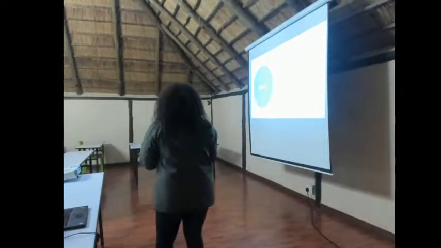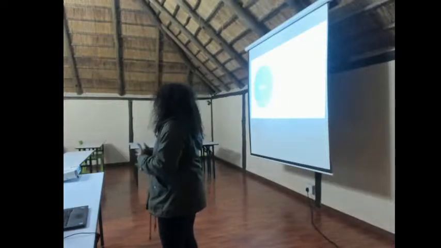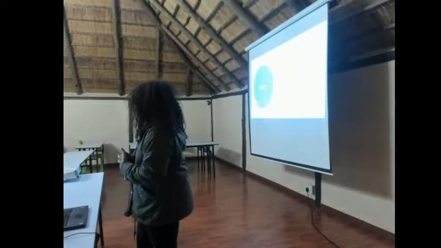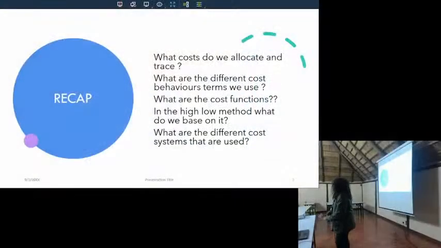Okay, so what costs do we allocate and what costs do we trace? This is just recap, like theory from what you guys did. So what costs do we allocate? Yes, you can answer. What are overhead costs? What type of costs are they?